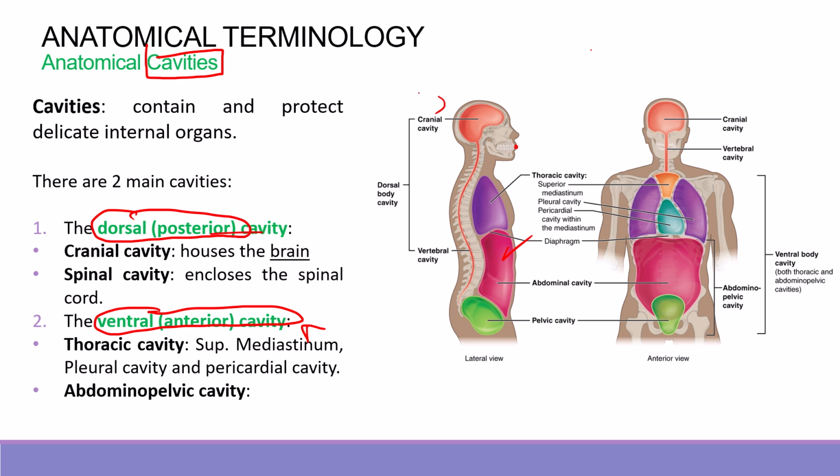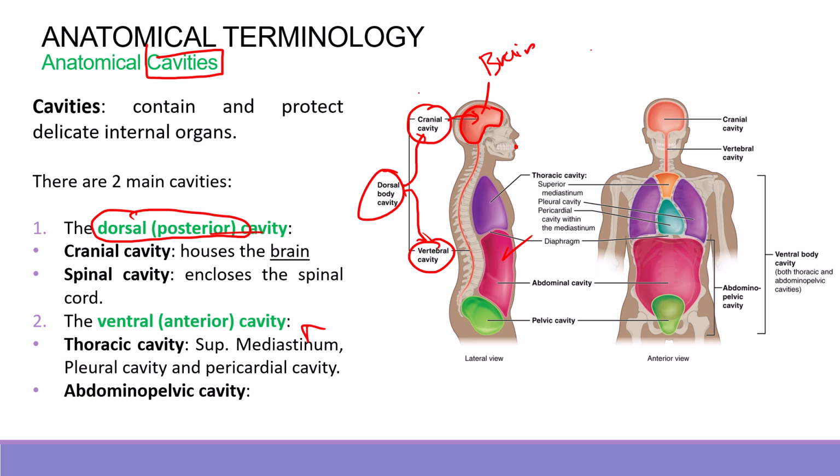So the dorsal cavity is a general term, and the dorsal cavity is composed by the cranial cavity and vertebral cavity. Now, which organs are the ones that you will find in the cranial cavity? That will be the brain. Which organs can be found in the vertebral cavity, in the holes in the vertebra?